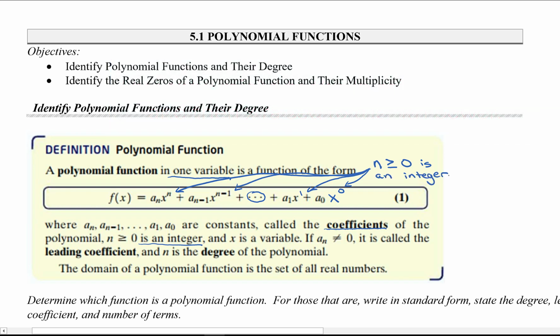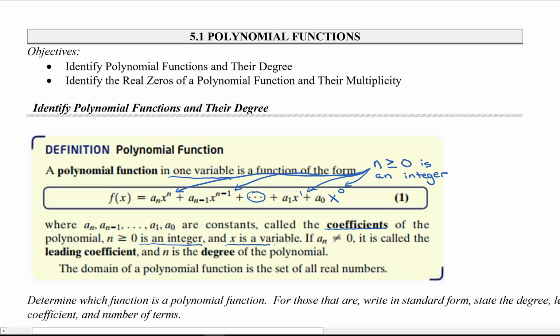That means you cannot have any negative numbers up there, and you can't have fractions, or numbers inside of radicals, or decimals. They have to come out to an integer value that is greater than or equal to 0 for your powers.